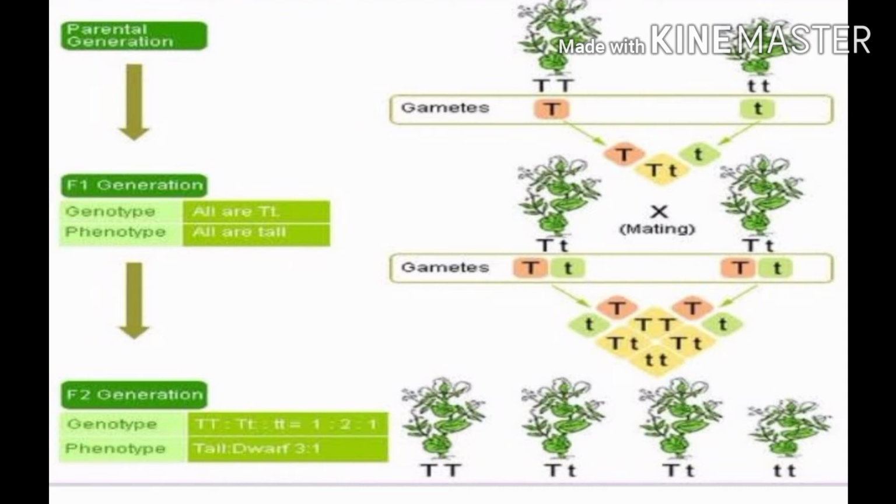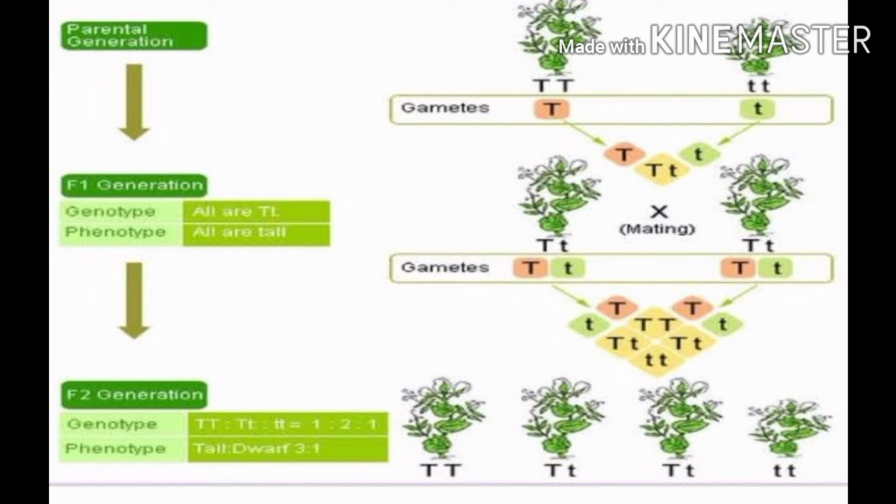When Mendel crossbred the tall and short plant, the alleles of the gene separated. You can see here the gametes capital T and small t. These gametes, when combined together, produce offspring of the type capital T small t, and all the progeny obtained in the F1 generation were tall.